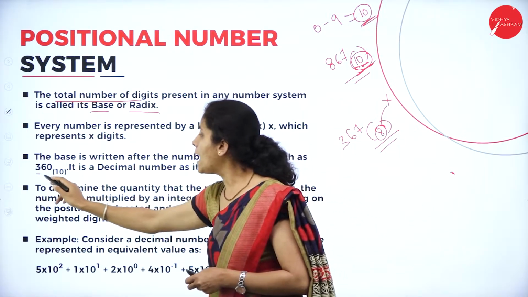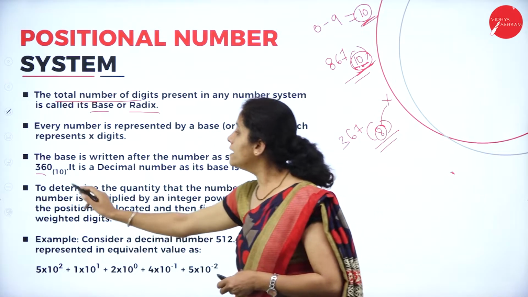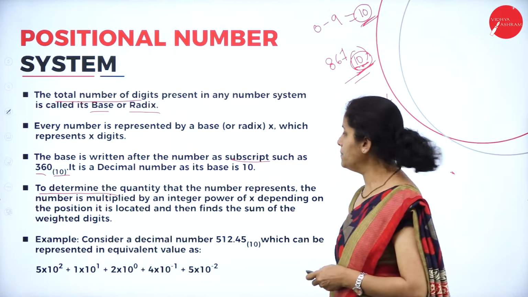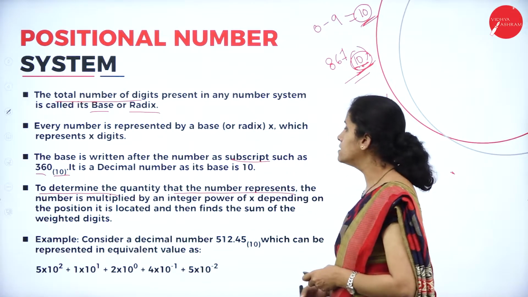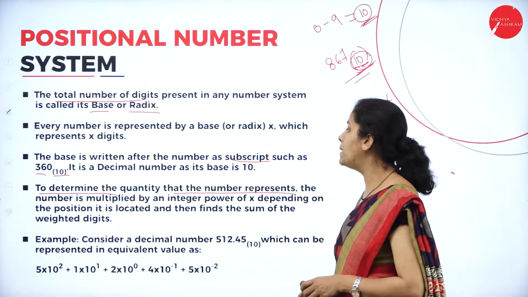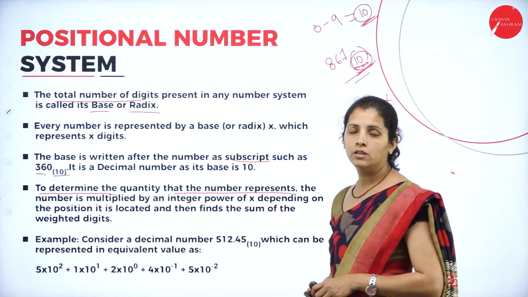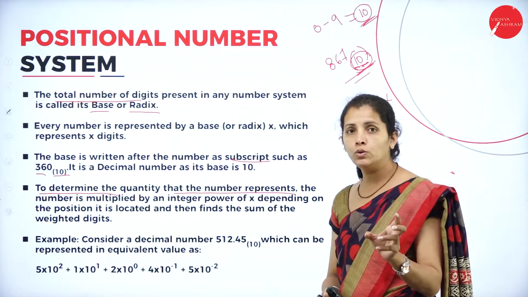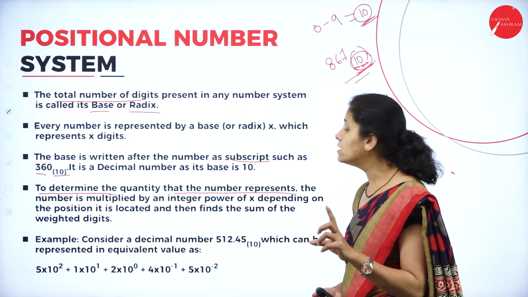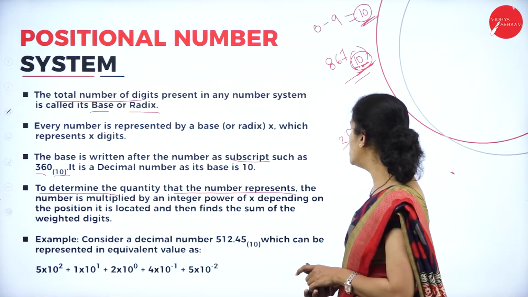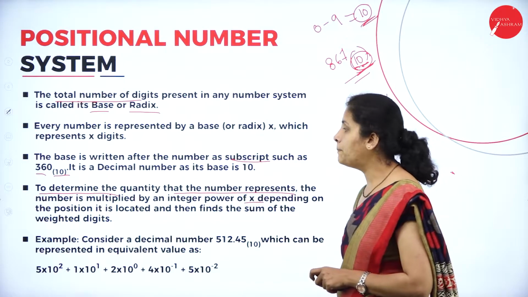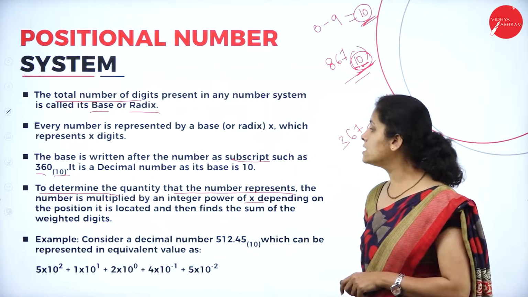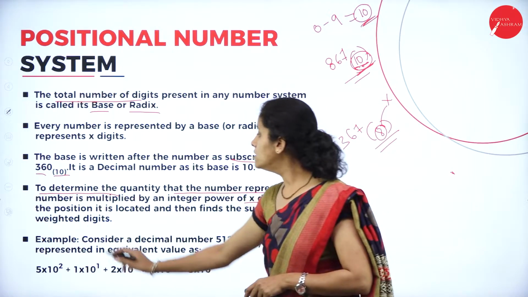So here I have 360, and it is a decimal number. To determine the quantity that the number represents, the digits are multiplied by an integer power of x, depending on the position where each is located, and then we find the sum of the weighted digits.